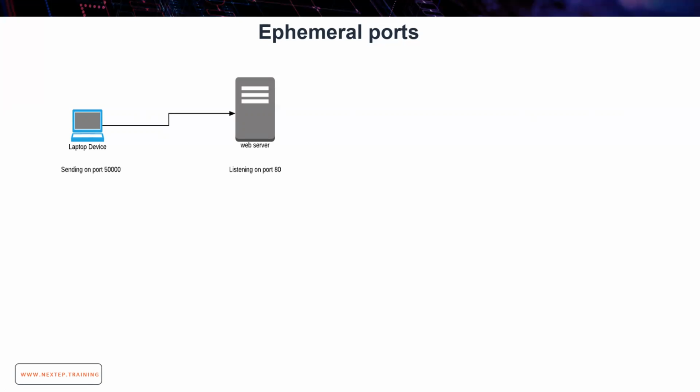Everyone has their own range of ports, ephemeral ports. So these ephemeral ports are temporary or short-lived ports. They get used when they send a request to something. Okay? They open a short-lived port there and then send the request from that particular port, and it expects the response back on the same port.